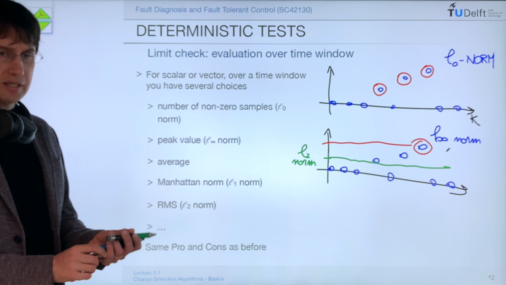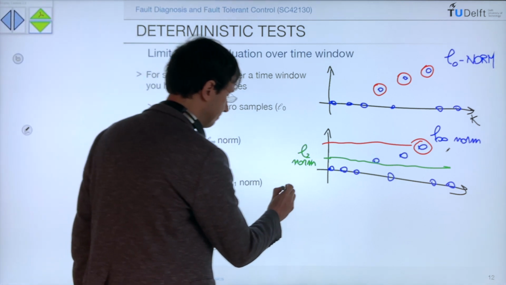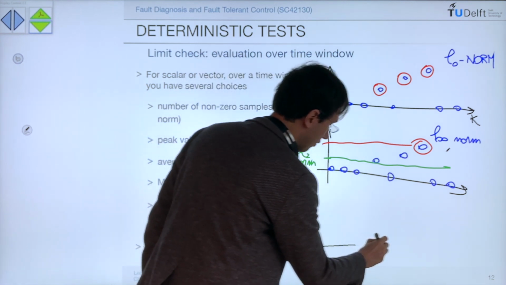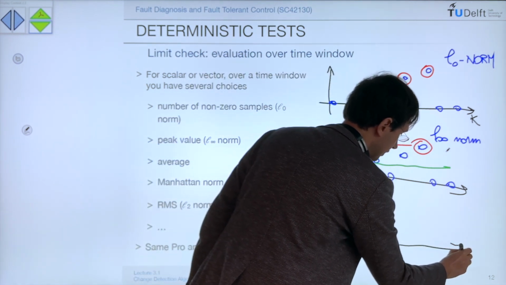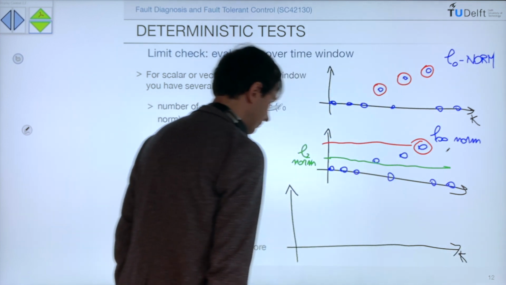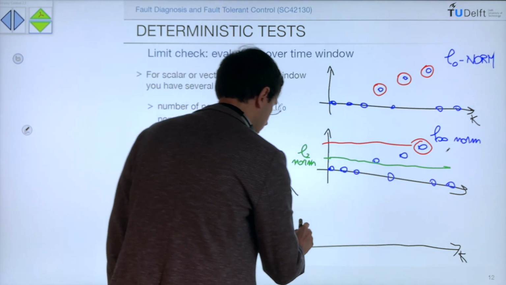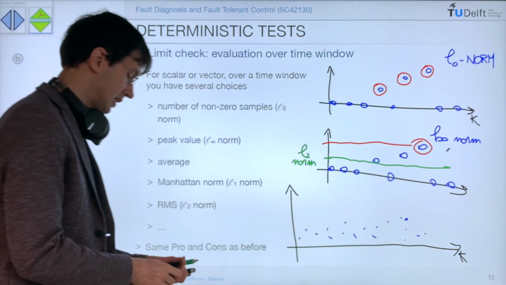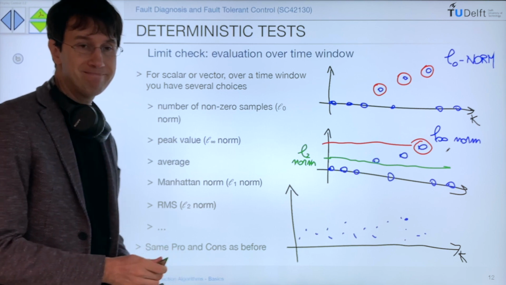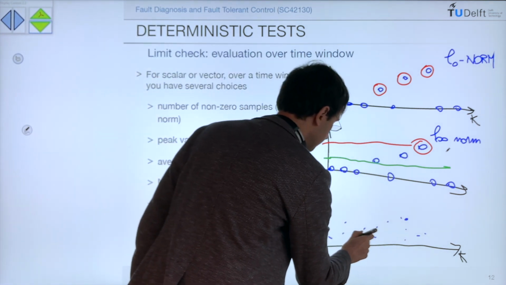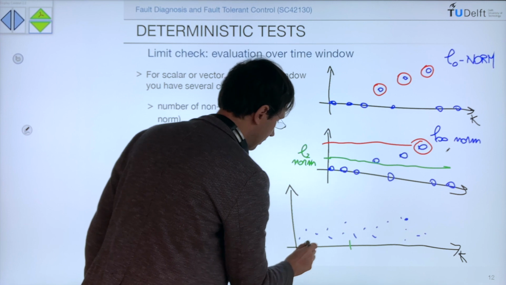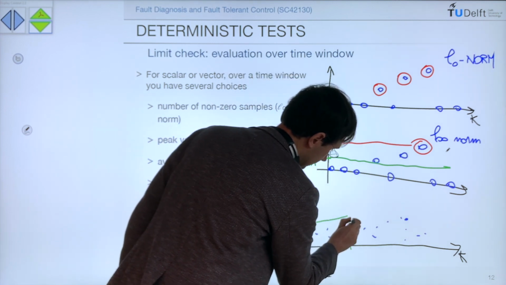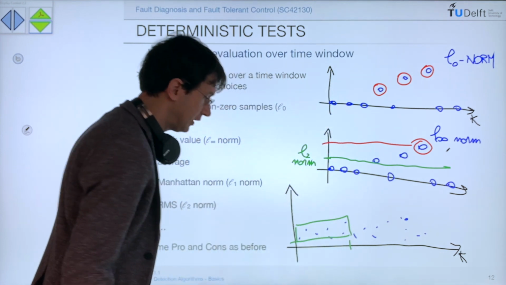So to make this clear, what I mean when I say a rolling time window over time is that we have possibly a lot of samples, but at a given instant I am looking at all the values that I have in this time window.